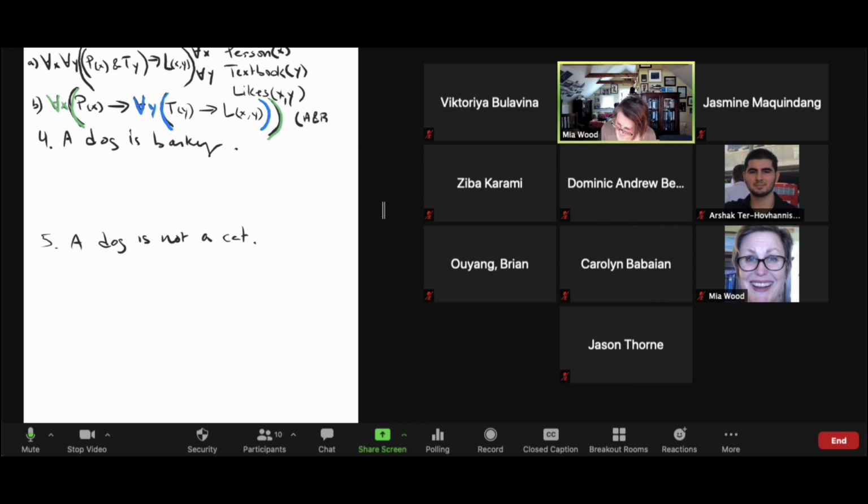A and B arrow C is truth functionally equivalent to if A, then if B, then C. So that maps on here to the sentences that are quantified, and it allows us to more accurately express the relationship between the domain of X's and the domain of Y's in the two separate sentences.